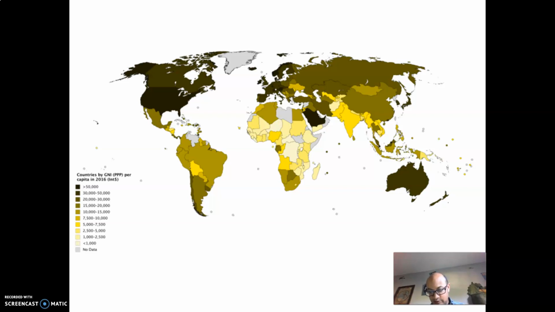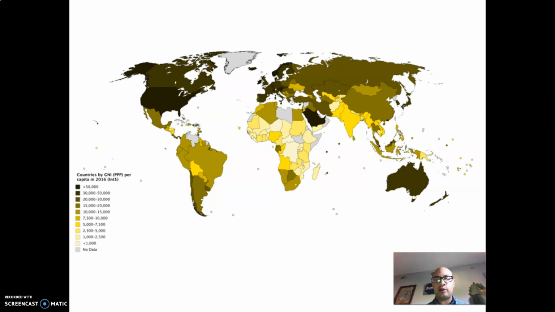In the U.S., the most recent statistic I saw was a little over 55,000 a year. In India, it's around 3,000. Okay, so you're looking at a smaller average income there. In Nigeria, it's about 2,000 a year that the average person makes. So you can see the contrast between rich and poor a lot better when you do GNI per capita.